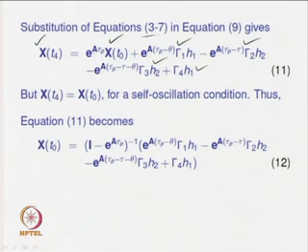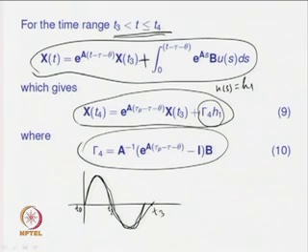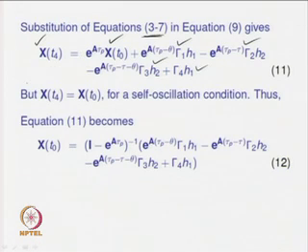If we substitute equations 3 to 7 in equation 9, equation 9 is nothing but the expression we have obtained for x(t4). So, when the state variable x(t3), the solution of the state at time t equal to t3, is substituted here, one obtains the expression for x(t4).